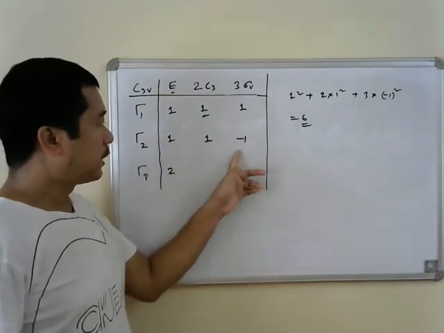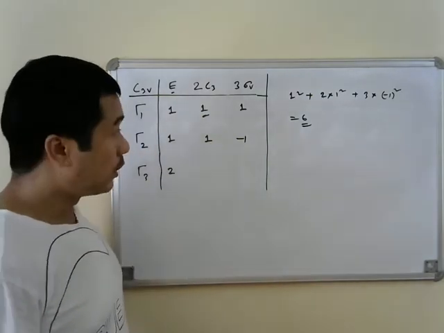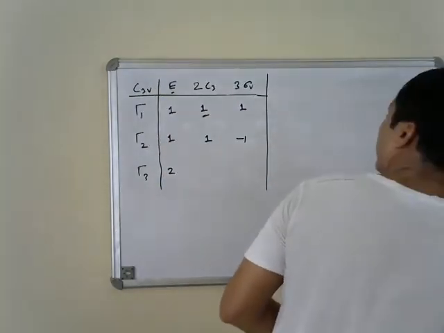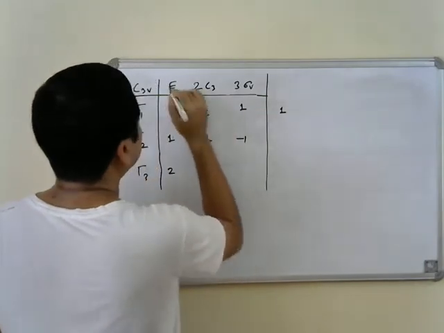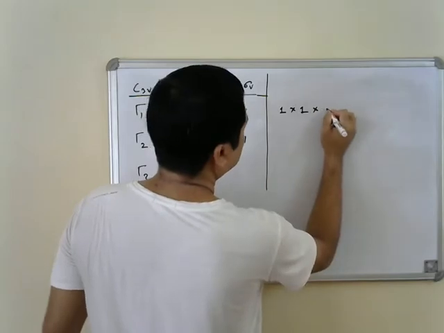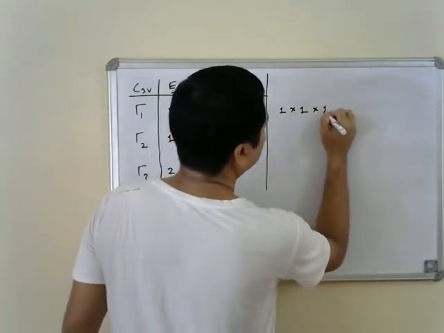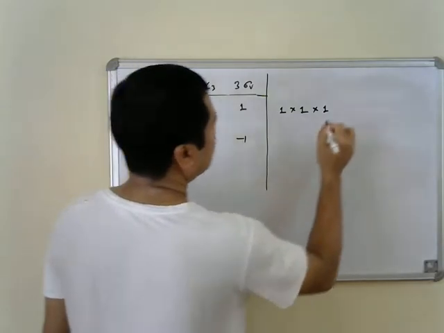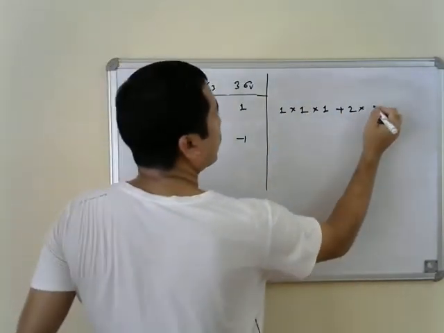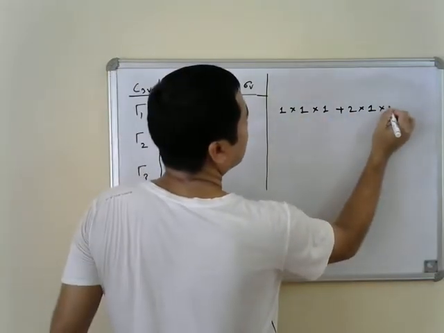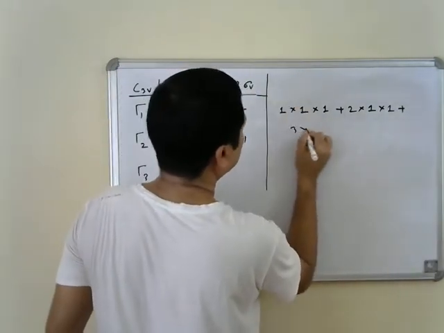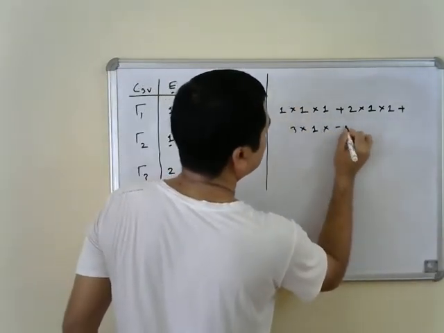But this combination is going to satisfy the third law as well, that is the orthogonality law, which you can find out quickly over here. There is 1 into 1 for the character of the identity operation for gamma 1 and gamma 2, plus 2 into +1 into +1, plus 3 into 1 into -1.